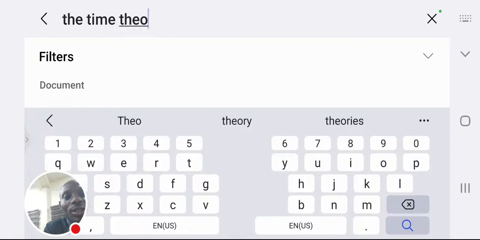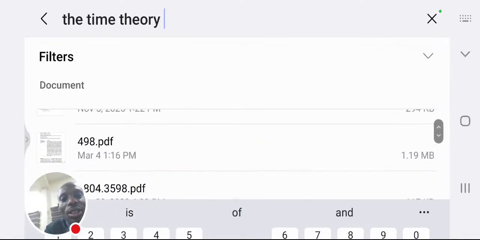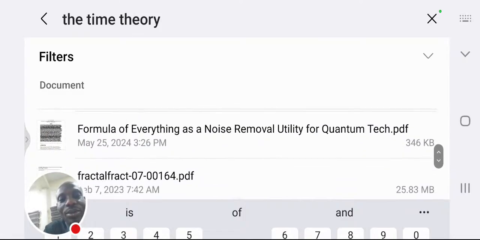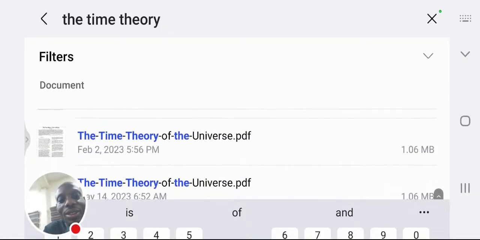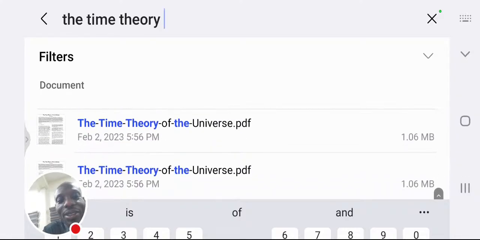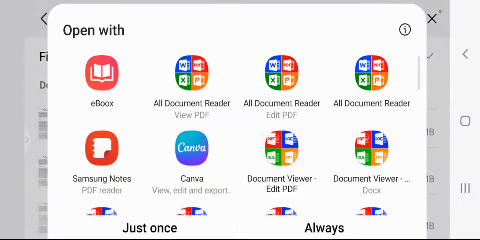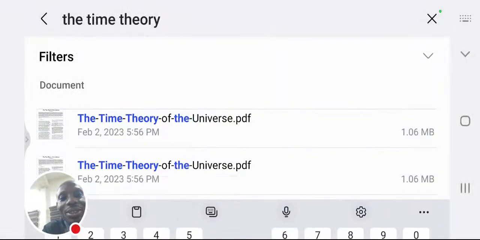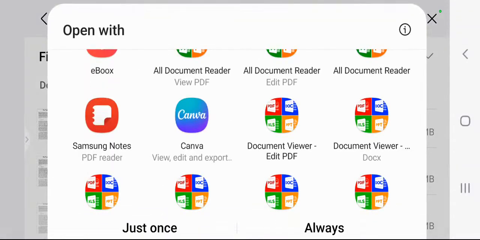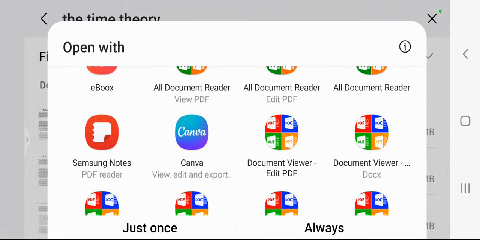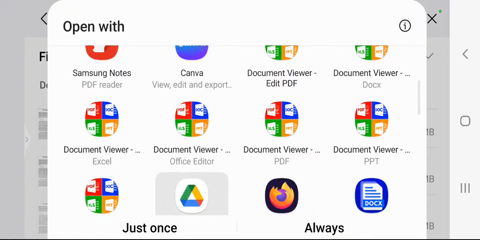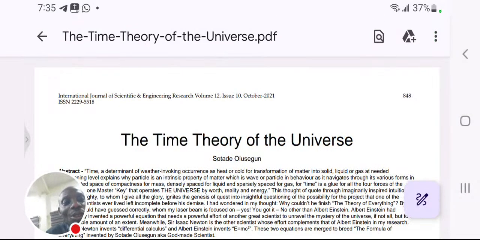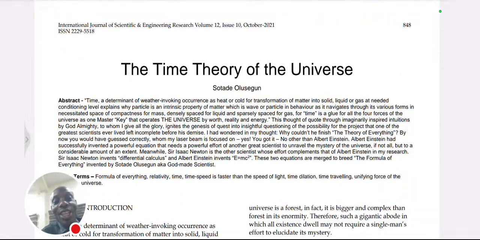The time theory. Okay, so now this is my research publication.